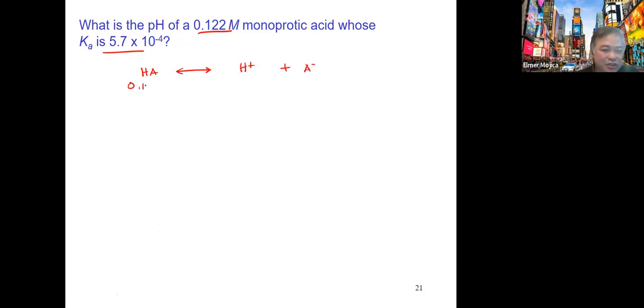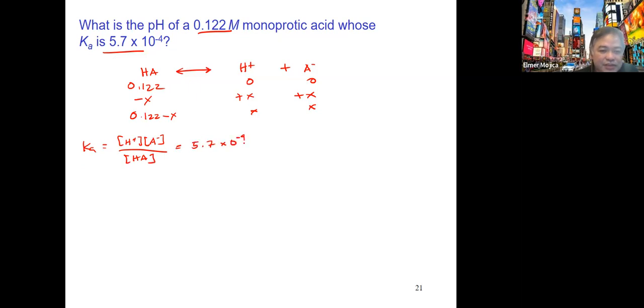You have 0.122, 0, 0; minus X, plus X, plus X; then 0.122 minus X, X, and X. Ka equals H plus times A minus over HA. Then you put in the values.